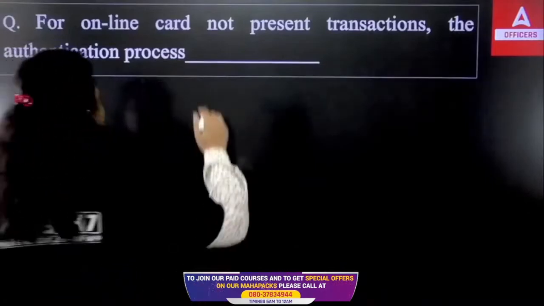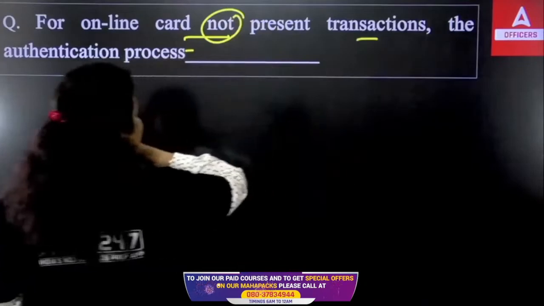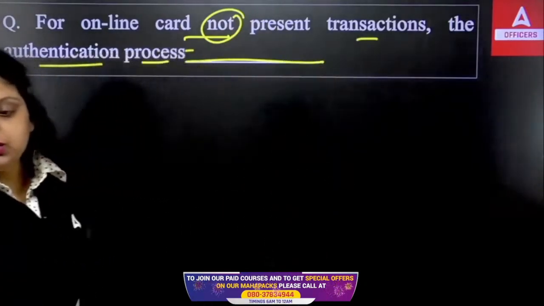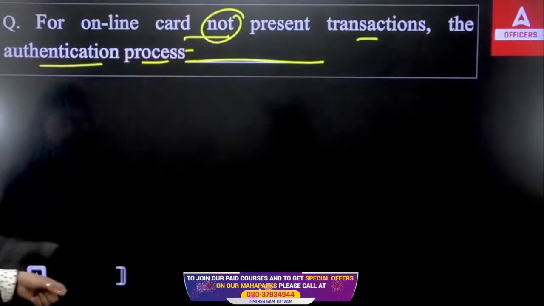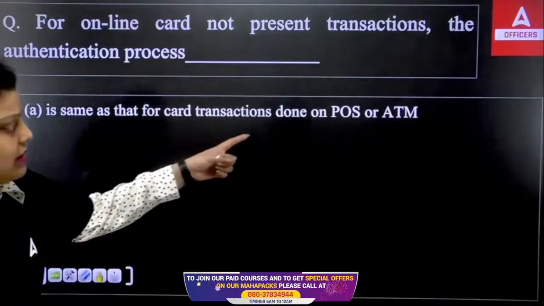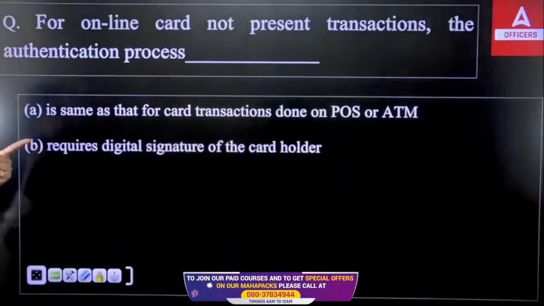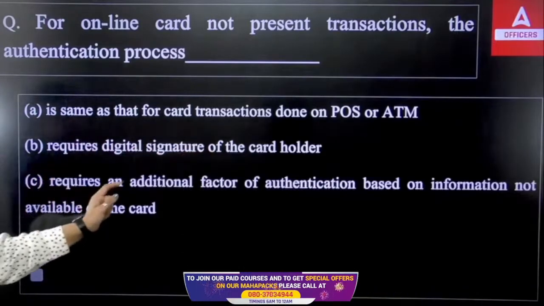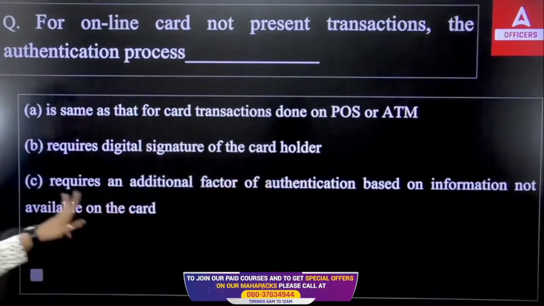Now, for online card not present transactions, the authentication process is dash. Next we are talking about the authentication process for online card not present transactions. First, it is the same as that for a card transaction done at point of sale services or ATM. Second, the process requires a digital signature of the card holder. Third, the process requires an additional factor of authentication based on information not available on the card.